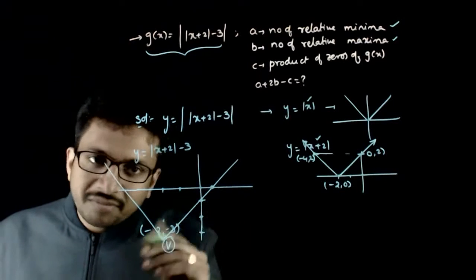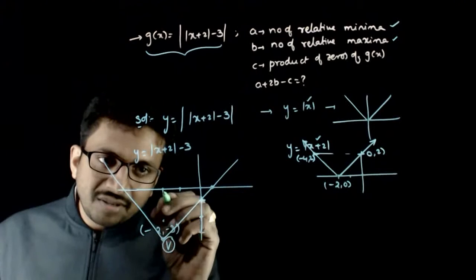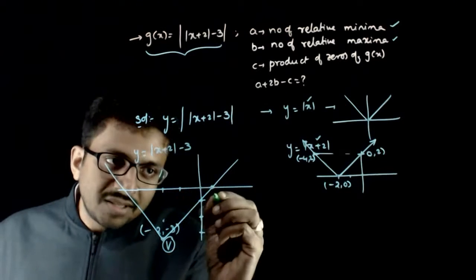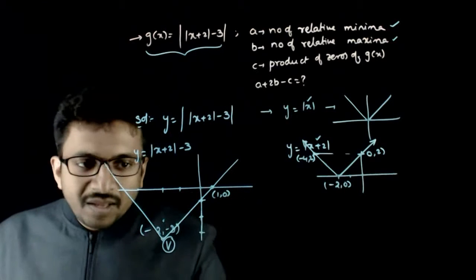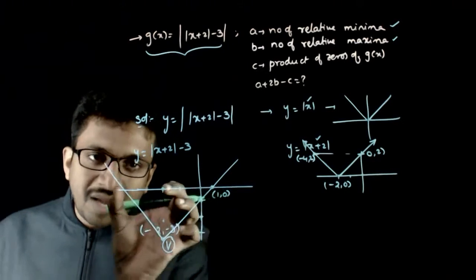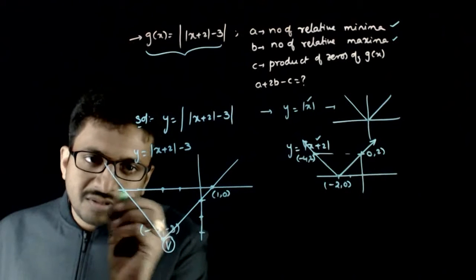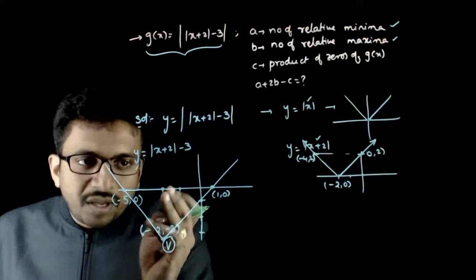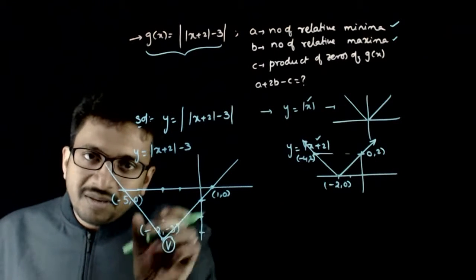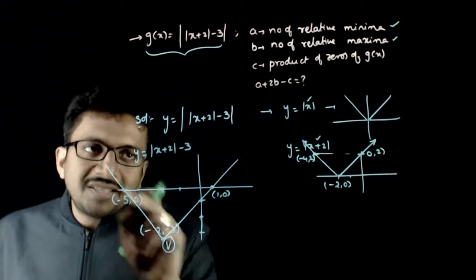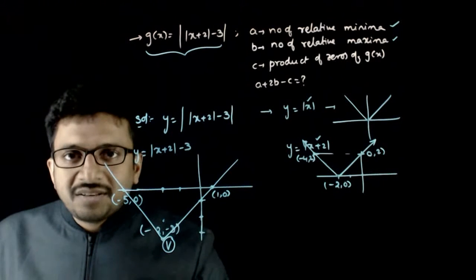If I go 45 degrees, this has to be 3 units, so this is 1 comma 0. And this also has to be 3 units backwards from minus 2 comma 0, so this is minus 5 comma 0. So this is the graph of mod of x plus 2 minus 3.